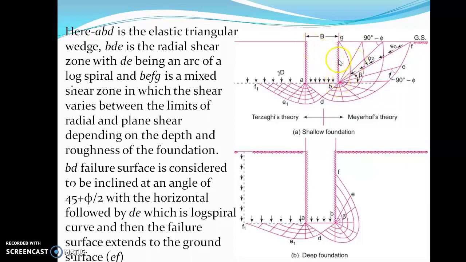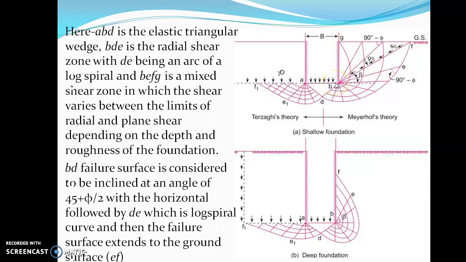Based on how deep your foundation is laid, this entire curvature in some places might even look like a linear curve, I mean, a line. That depends on how deep your foundation is and what the roughness of the foundation is.